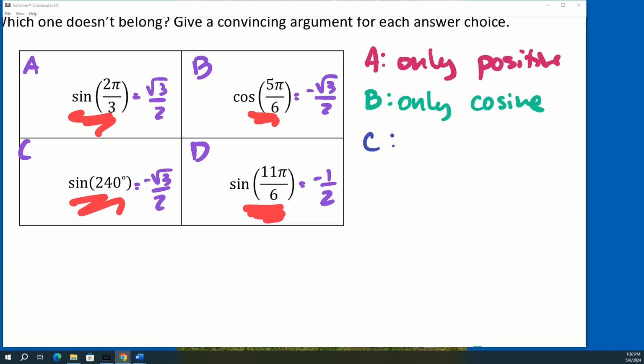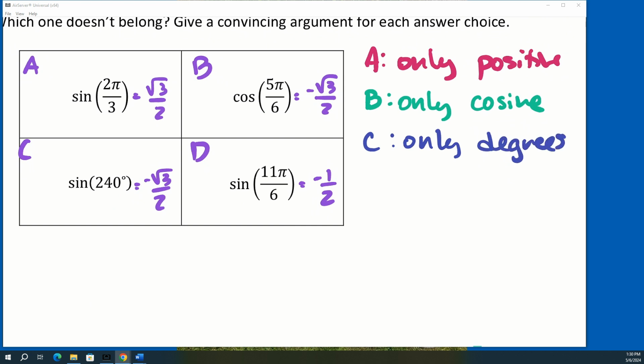It's the only degree. What about D? Can you think of why D doesn't belong? Did most of you think it was D? Yeah, I figured. That's the one that jumps out at me, but it could be any. They're all right.